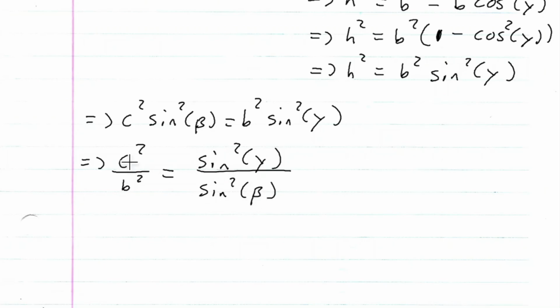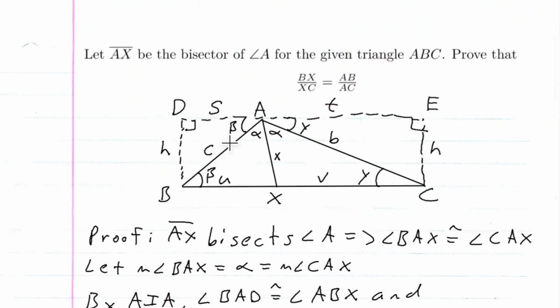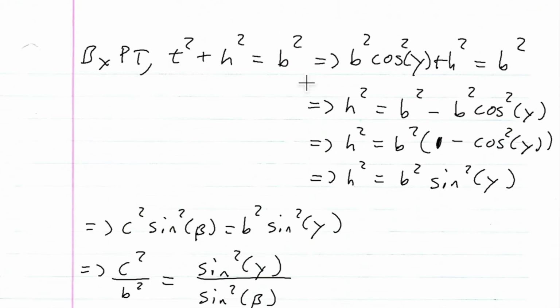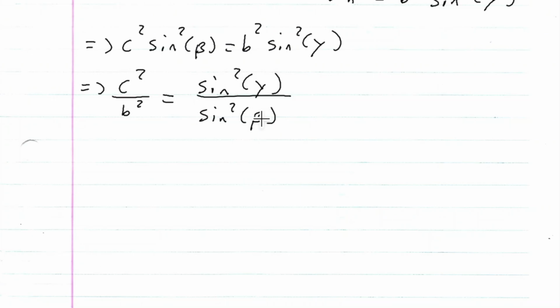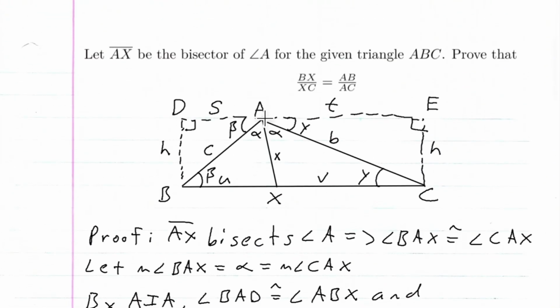And notice c is the same thing as AB, and b is the same thing as AC. So we have part of this. So we just have to prove somehow that sine squared y over sine squared beta is in fact BX over XC.